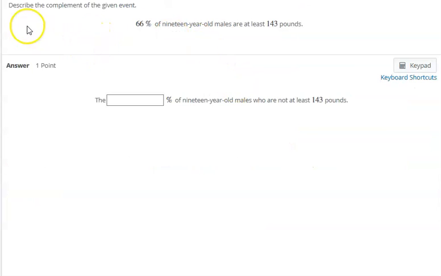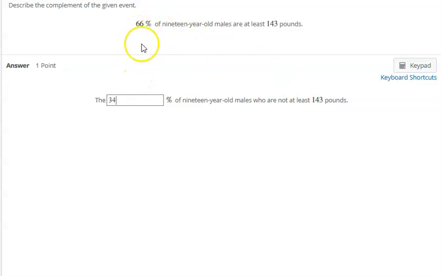Now, in this example, we're asked to describe the complement of the given event. Well, if this is your main event, 66% of 19-year-old males are at least this much in weight, then the complement of this would be, take a guess or know it, 34% of 19-year-old males are not at least this.